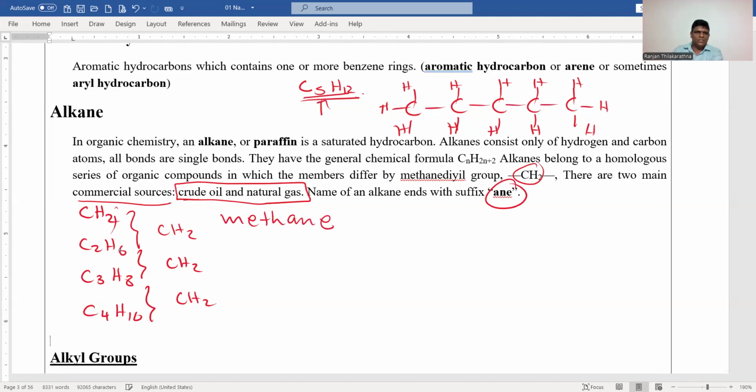The name of CH4 is methane. C2H6 is called ethane, and C3H8 is propane. C4H10 is called butane. Butane is written B-U-T-A-N-E, with the "but" spelling, not B-U-T-E.